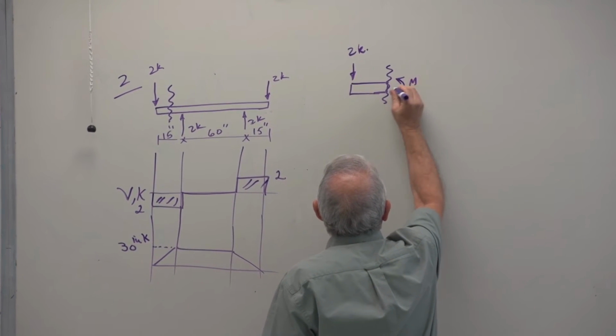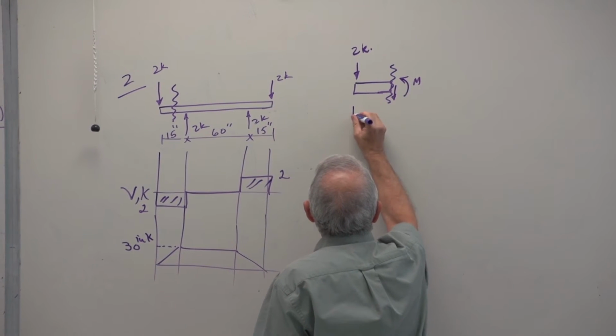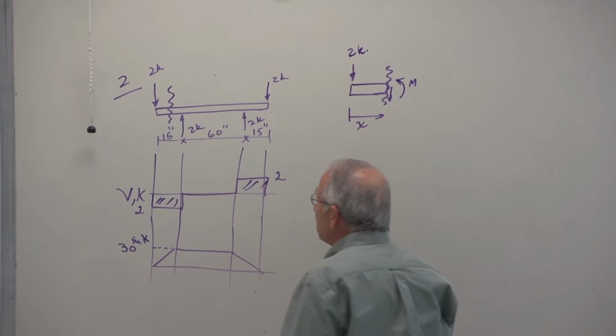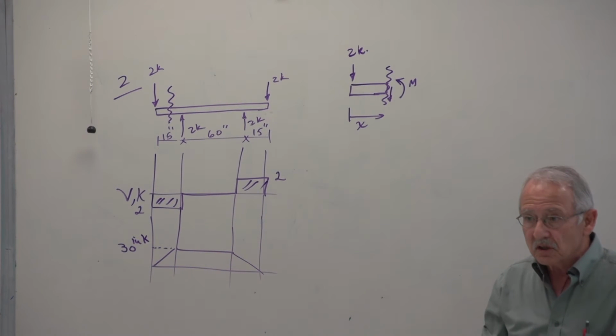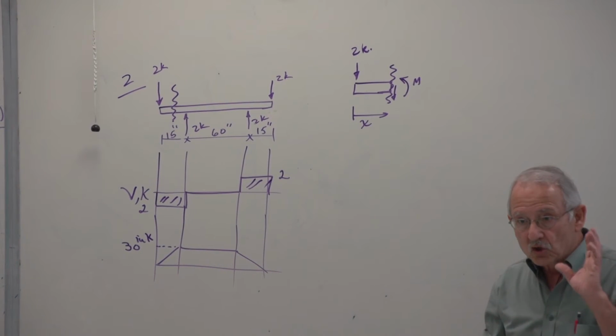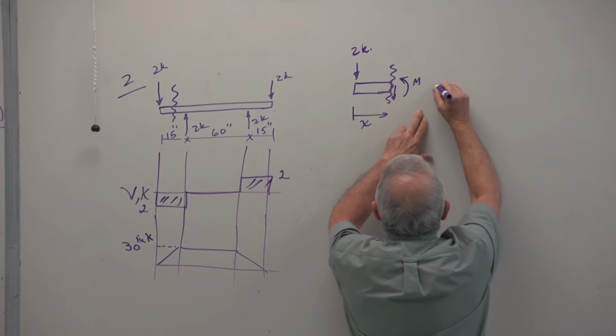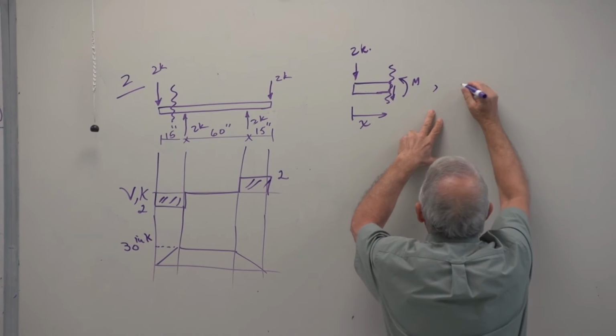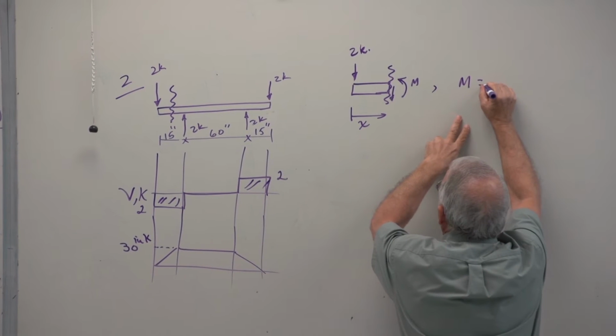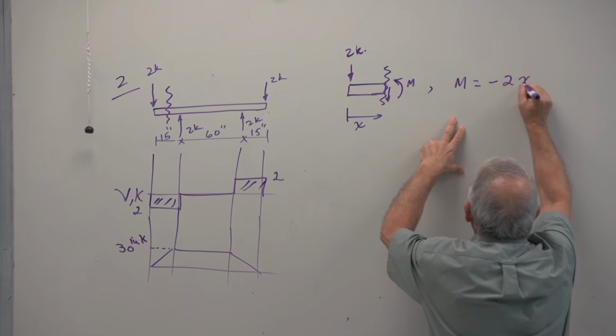A moment here, a shear force, this distance is not 15 inches, but x. Again, a general moment equation. And once you write your equilibrium equations, you find that M equals minus 2x.